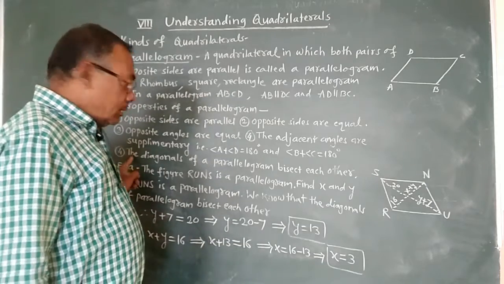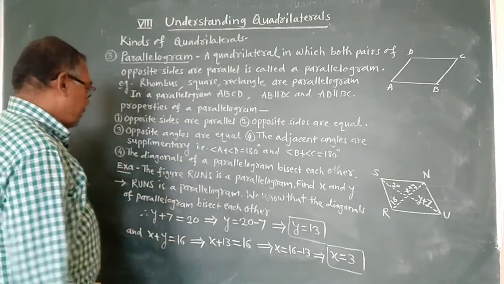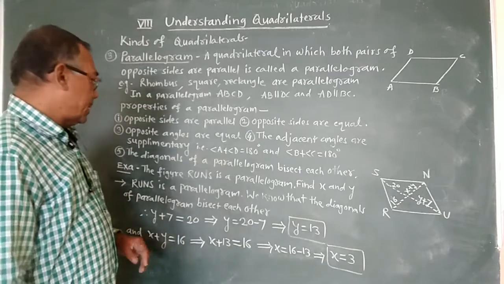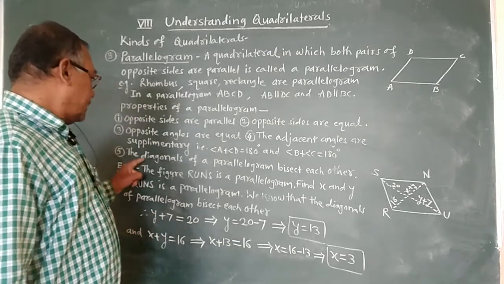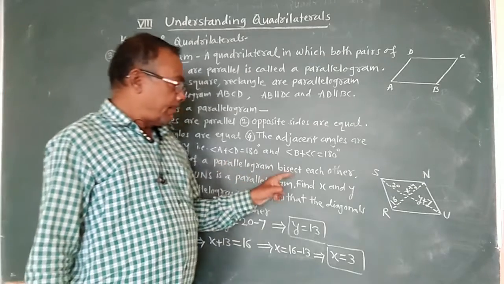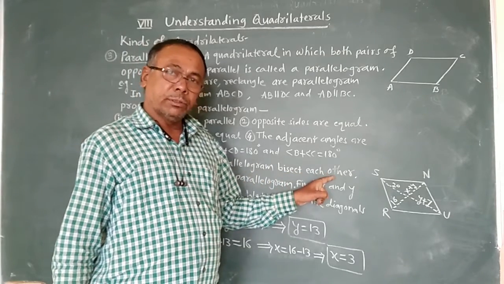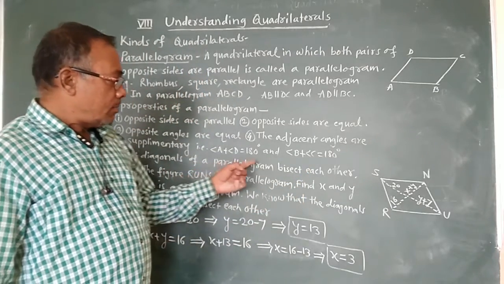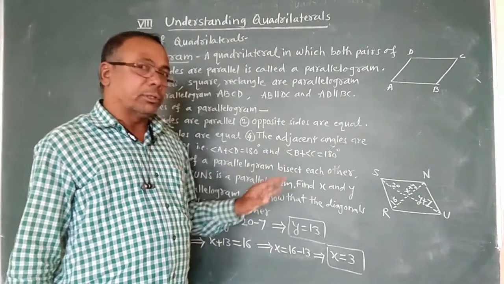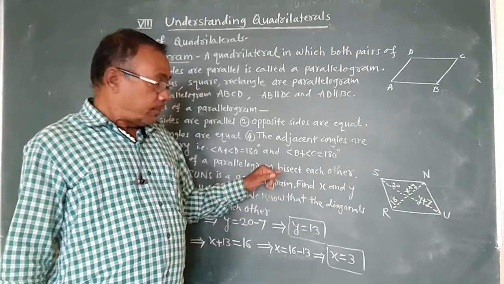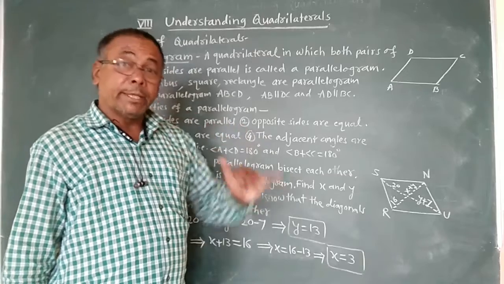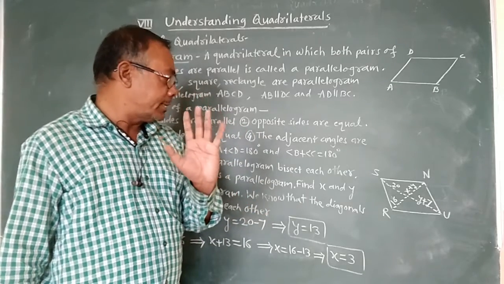The fifth property of the parallelogram is very important. The diagonals of a parallelogram bisect each other. The diagonals of the parallelogram only bisect each other. There is no word perpendicular bisector, only bisector is there.